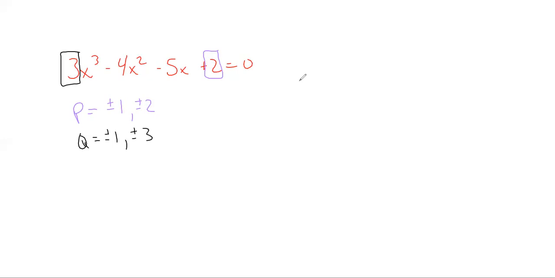So now what we're going to do is go over here and list all of our possible roots. Well, take 1 and put it over 1. So there's 1. 1 over negative 1 is negative 1.